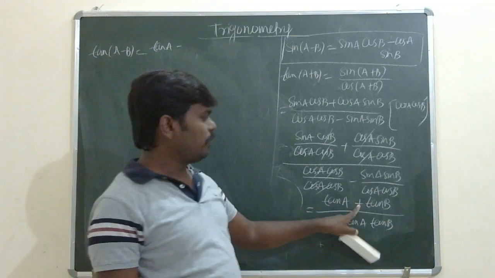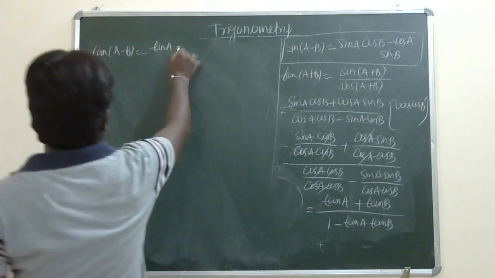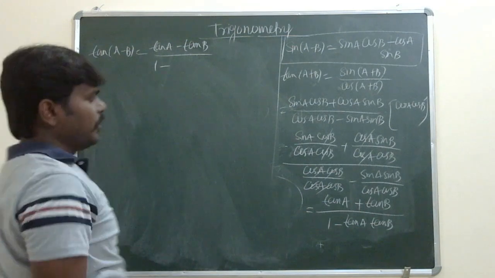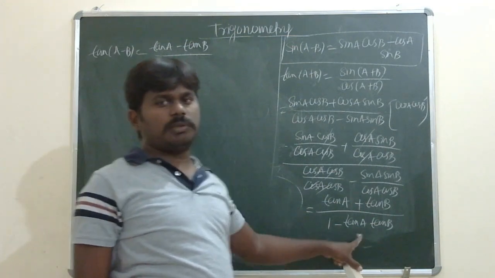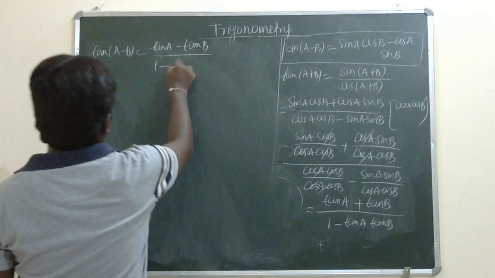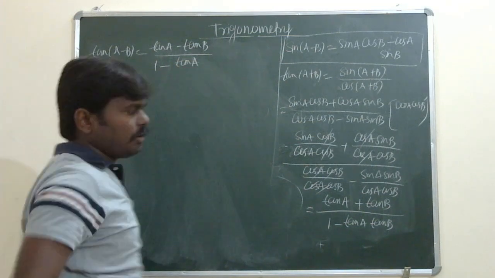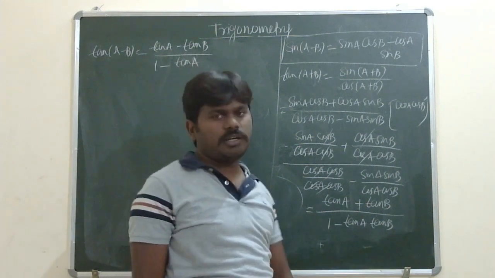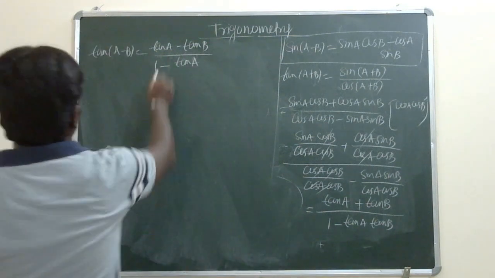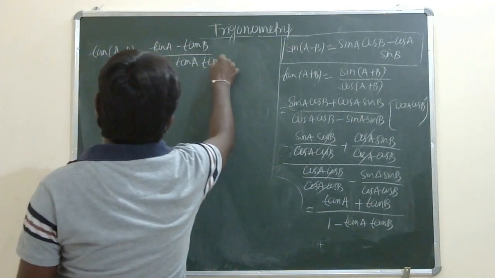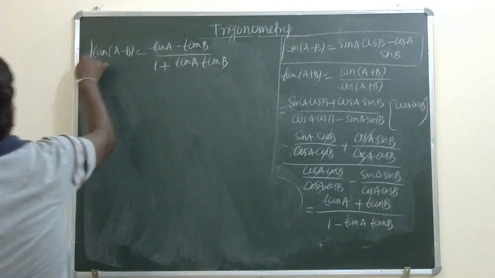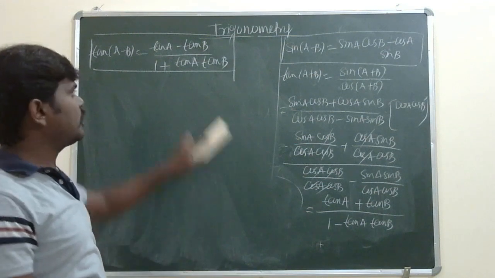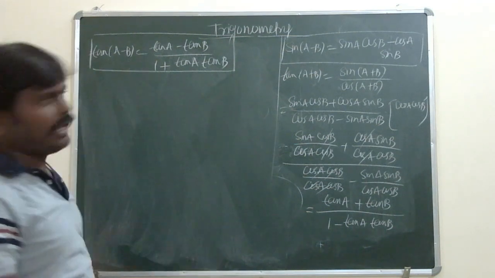So here minus into plus becomes minus. So here minus tan b by 1 minus tan a, we are not replacing anything, so tan a means tan a only. So here b we are substituting minus b, so tan of minus b means minus tan b. So here minus into minus becomes plus, so tan b. So tan a minus b is nothing but tan a minus tan b by 1 plus tan a tan b. So this is the formula of tan a minus b.